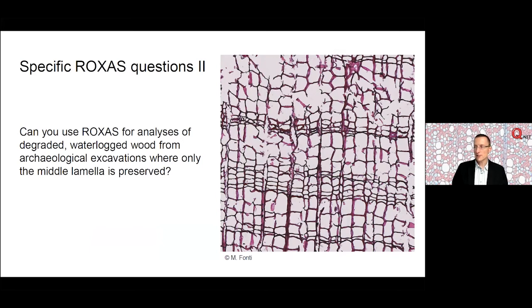The very fragile structures get disrupted. And partly because they are so fragile, they are no more in the right orientation, so they may actually turn down a little bit. In the end, what you will measure here will not be very accurate. So technically it is possible, yes. However, very often the measurements will be very far away from what you would measure in a living tree. But maybe this is exactly the purpose of the person who asked this question. I don't know. Thank you very much for showing the slide.